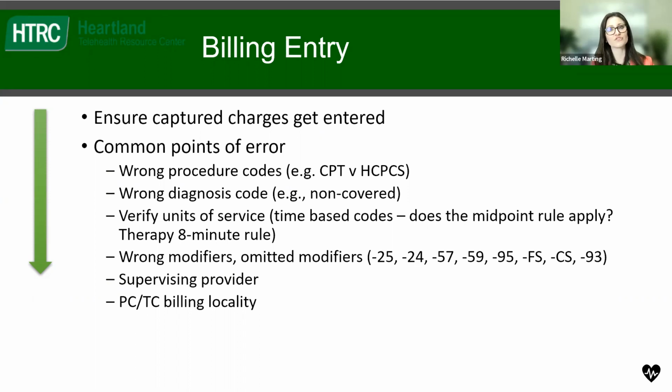So if the provider, the surgeon, is seeing the patient via telehealth or in person within 10 or 90 days of a procedure, that might need to have a modifier 24 added to say that this post-op visit was distinct and separately identifiable from the procedure that the patient is within the global.